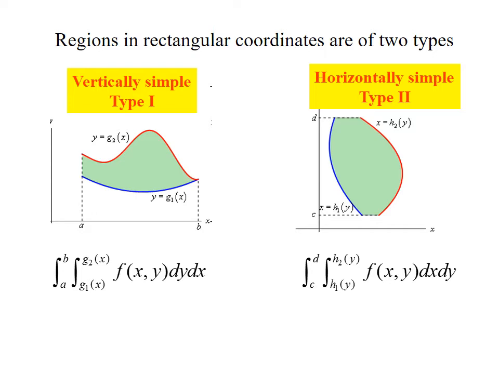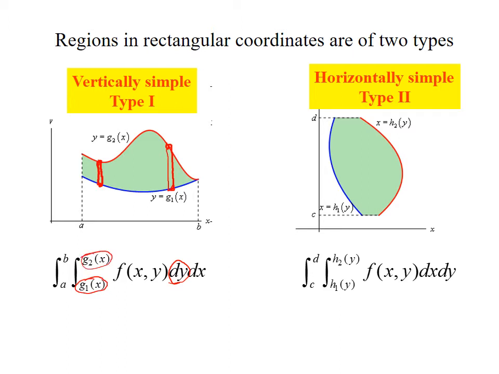A type 1 region, which is vertically simple, simply means that you can take a vertical rectangle, that's easy to remember, and the top will always be on one function and the bottom on another. And the double integral for that would begin with dy. The limits would be the two functions of x.